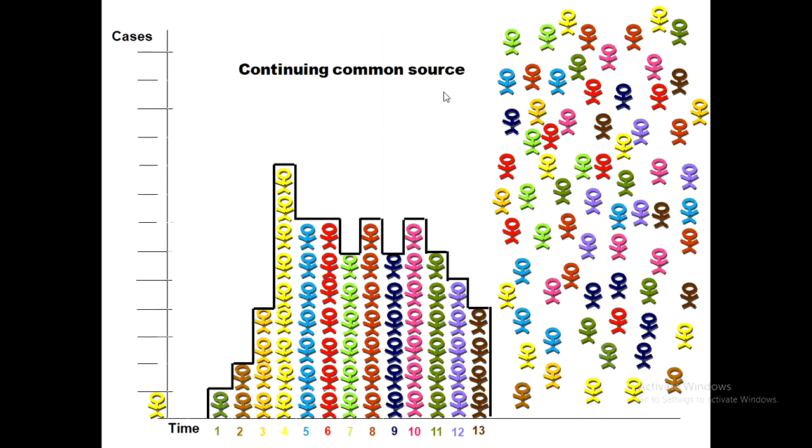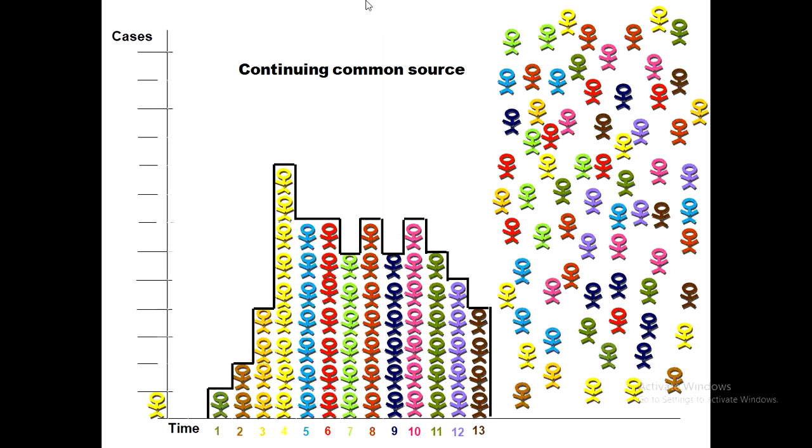So if a contaminated water supply is there in the community, the number of cases will remain there because there is a continuous exposure until and unless we change the source of the water. Another example can be that, if the government brings in a vaccine and this vaccine is contaminated, as long as the vaccine is being introduced into the population, it will produce disease until and unless it goes away.